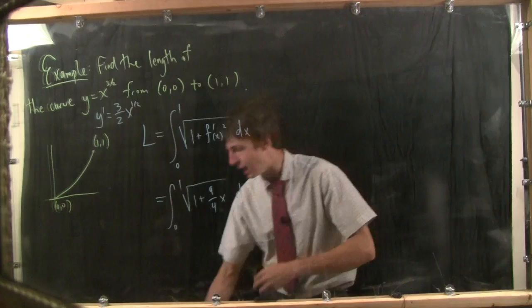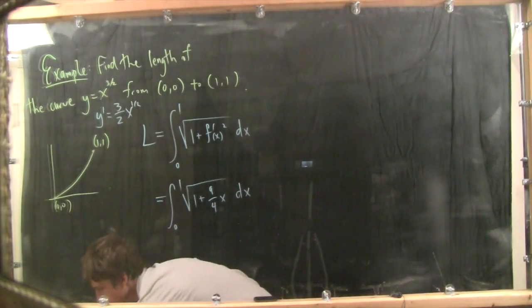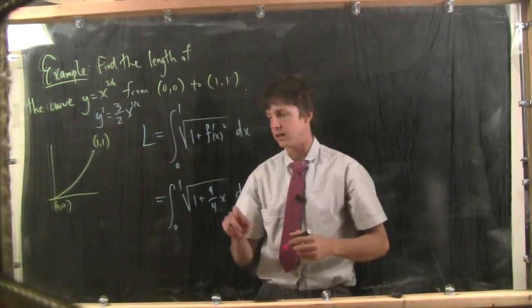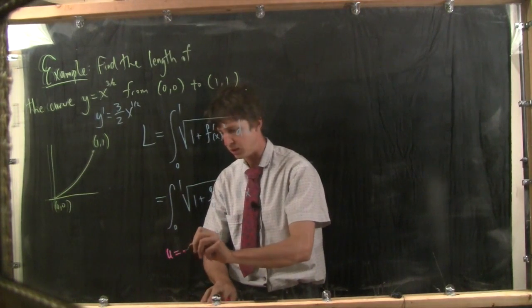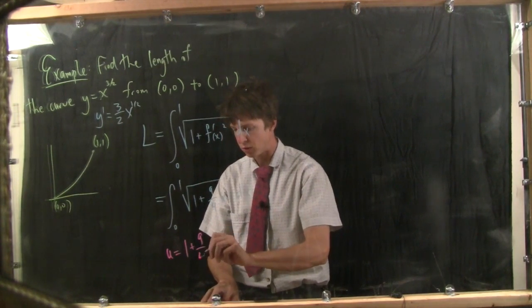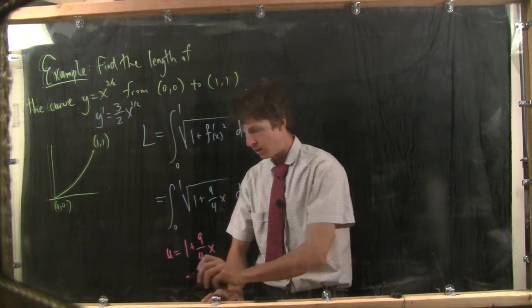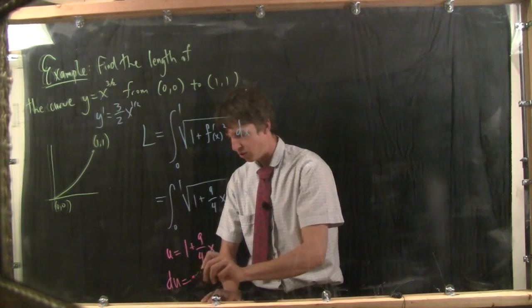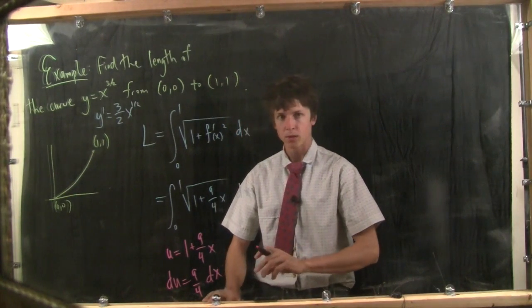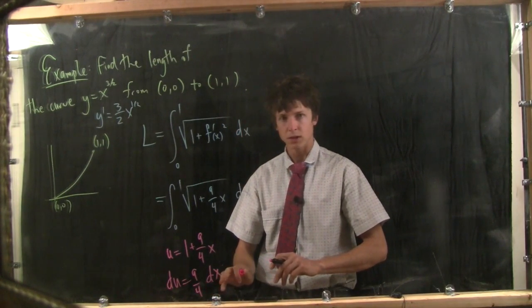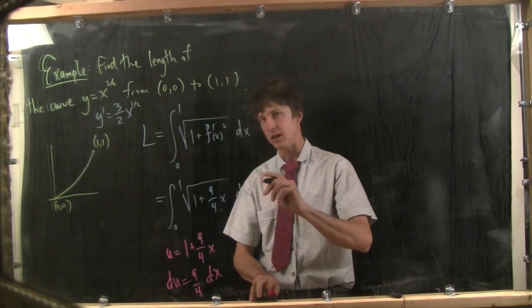Let me make a u sub. So I want to let u be this whole mess inside. So u will be 1 plus 9 over 4 x. Then du is just going to be 9 over 4 dx. Can you see down here? Yeah. So I'll put the sub in.